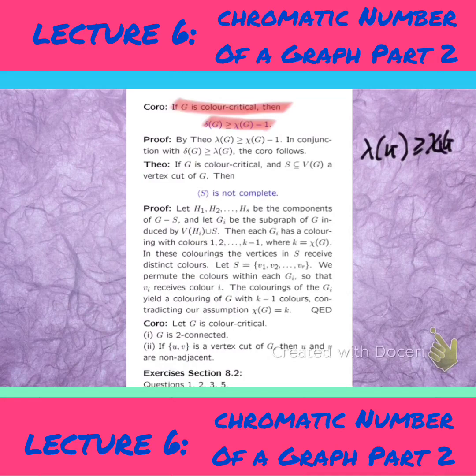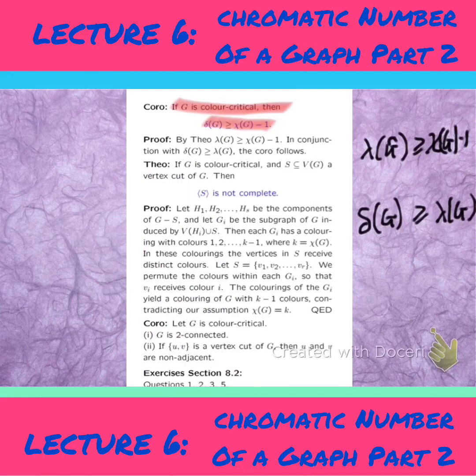And remember, the edge connectivity of G is obviously at most the minimum degree, because I can delete the edges incident with a minimum degree vertex, and that's going to give me a disconnected graph.